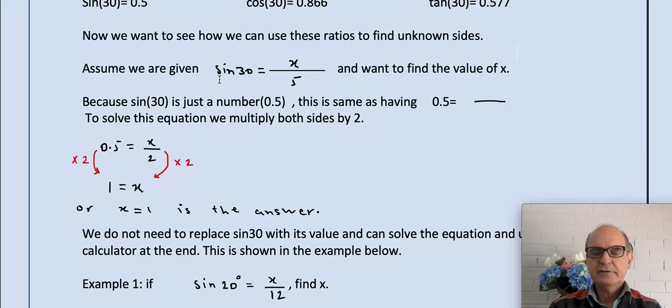In this case, we don't have a certain number, but we have sine 30. Then we want to see how we can solve it. Remember that sine 30, as we discussed, is half. So I can replace sine 30 with half. Half is equal to x on 5, and then I can solve it that way.